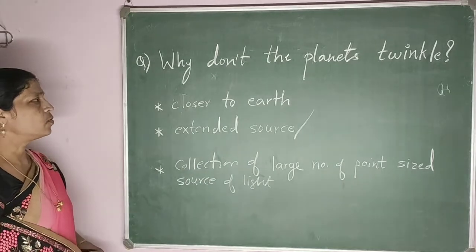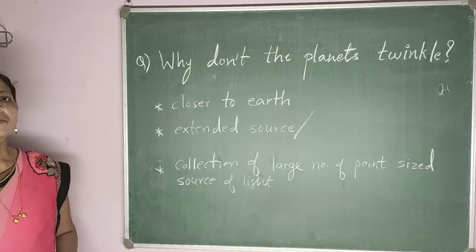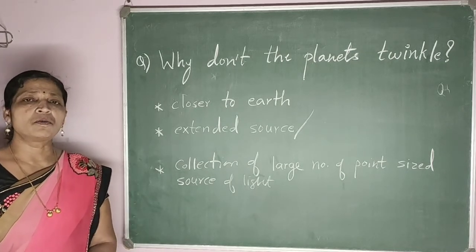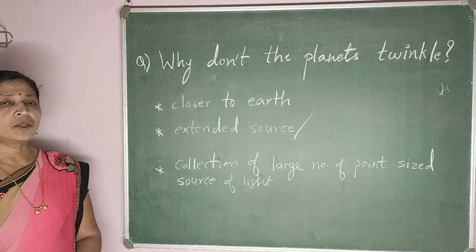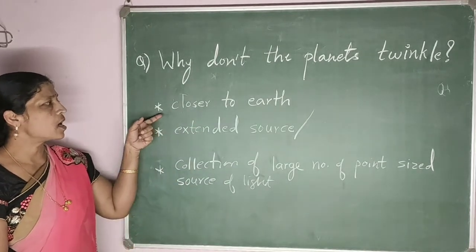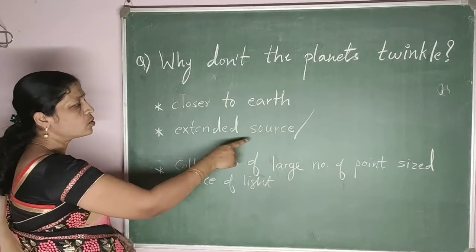Let us discuss one question. Why don't the planets twinkle? The star twinkles, but the planets do not twinkle. As we know, planets are closer to the earth, so they are extended sources.